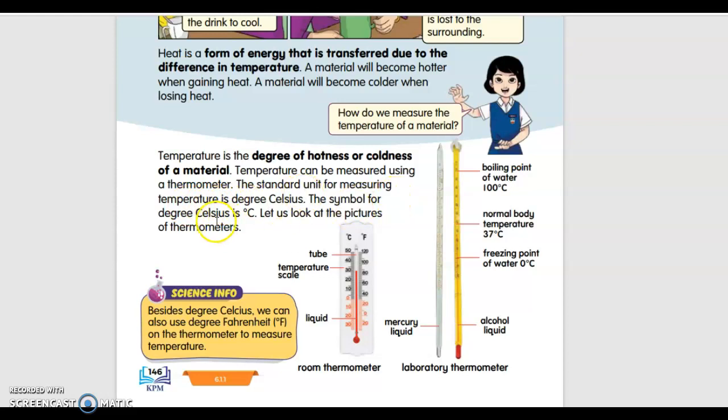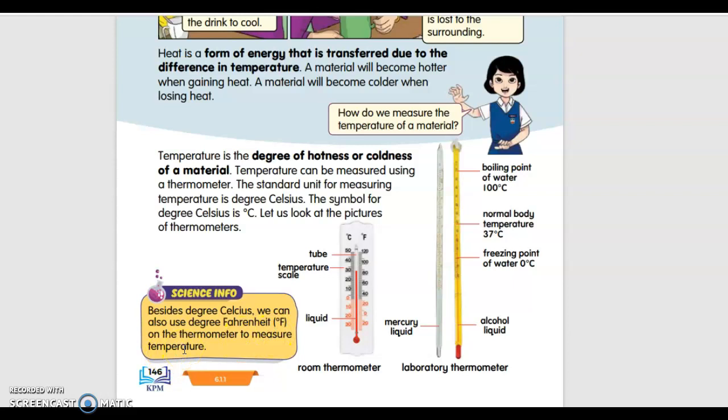The symbol for degree Celsius is the degree sign and the capital C. Let's look at the pictures of thermometers. If you see the science info, besides degree Celsius, we can also use degree Fahrenheit on the thermometer to measure temperature.